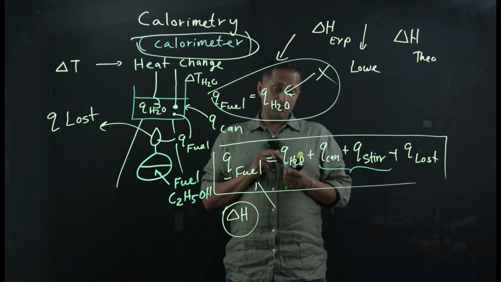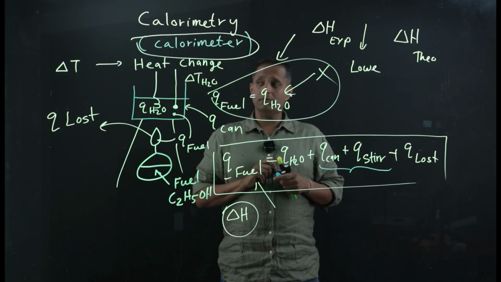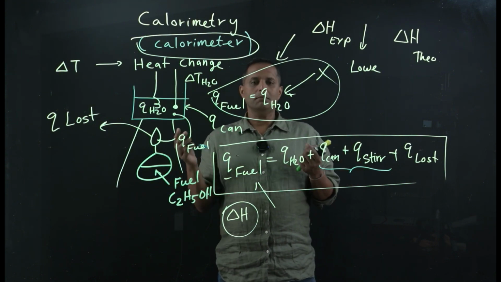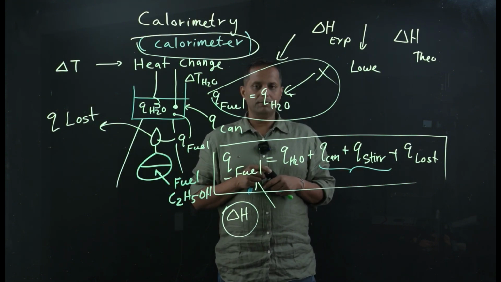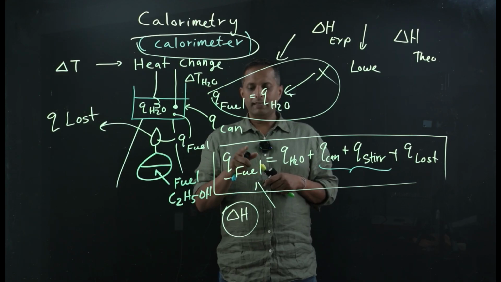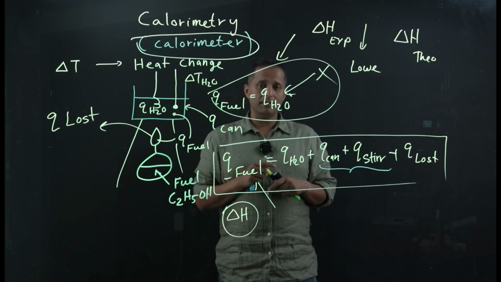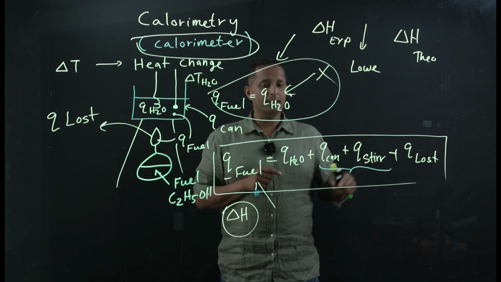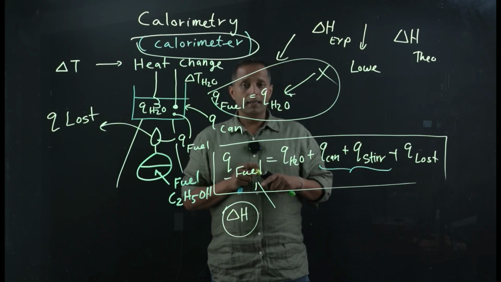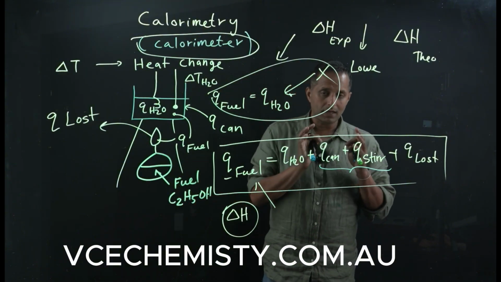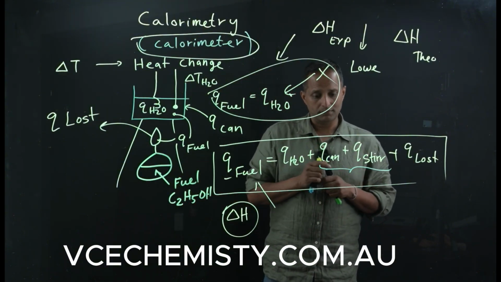Now, if the VCAA this year is going to ask you, what is the whole purpose of using a calorimeter? Simple answer is, by using a calorimeter, we can get an accurate value for energy that gets released by a chemical reaction by minimizing the heat lost, but also incorporating the heat that gets absorbed by the other parts of the calorimeter.